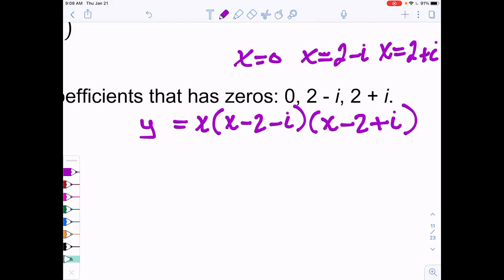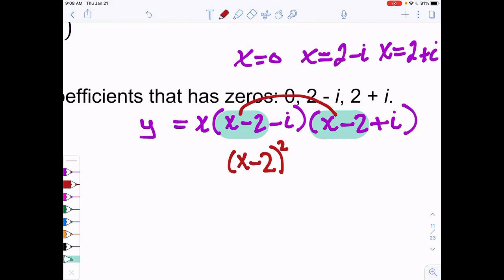Now, when you multiply these, we grouped them together. We took the real part, x minus 2, and we multiplied that together as a quantity, as a pair. So x minus 2 times x minus 2, that's a pair. And when I multiply that binomial together, I get x minus 2 squared.